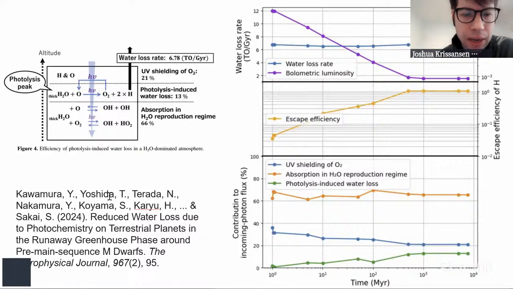This Kawamura paper from this year is looking at a different aspect of the problem, focused on water-oxygen atmospheres, and found that the shielding you get from oxygen and the photochemical recombination of these species to remove hydrogen before it can escape is also going to help you retain atmospheres even under very high XUV fluxes.